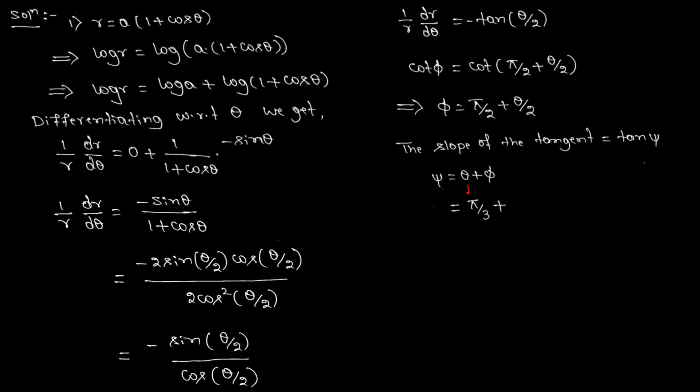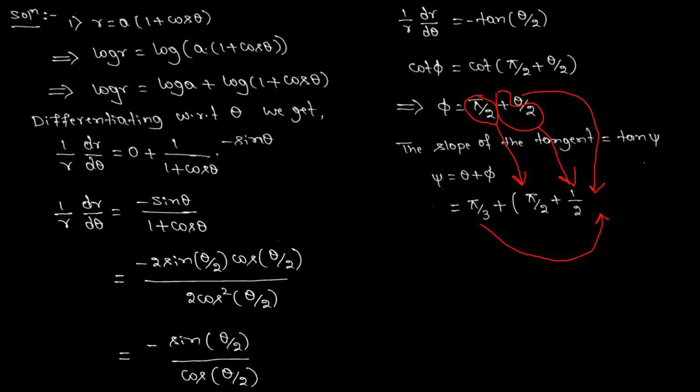Theta is pi by 3 from the question and phi is pi by 2 plus 1 by 2 into theta. But what is theta? Theta is pi by 3 as given in the question. Let us write down pi by 3 in the place of theta.